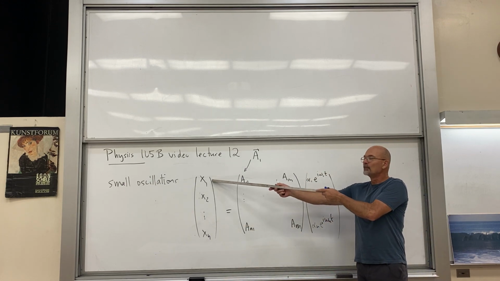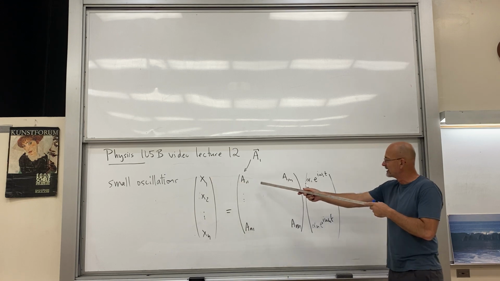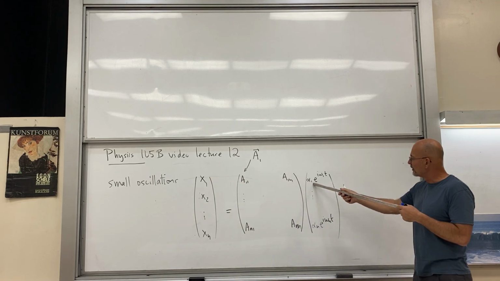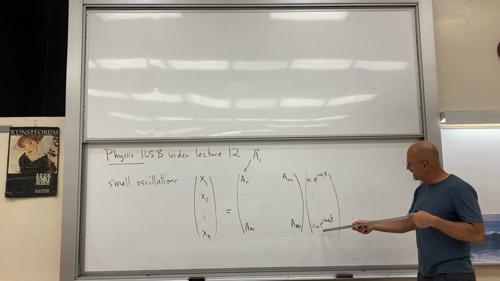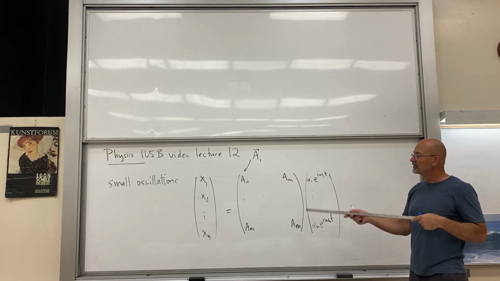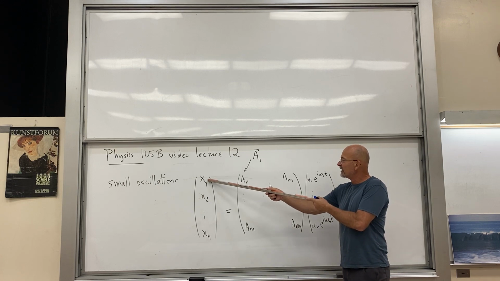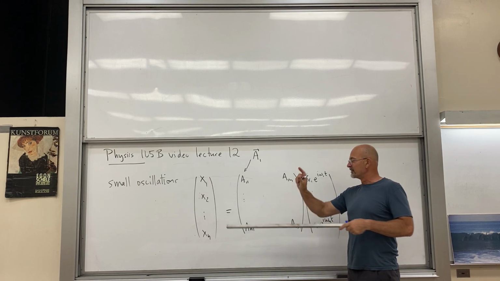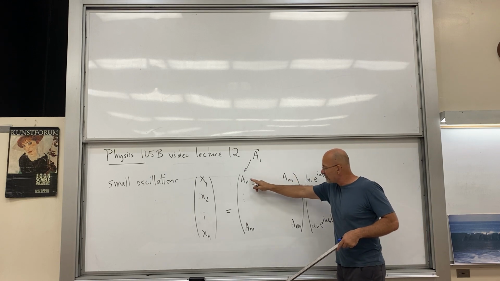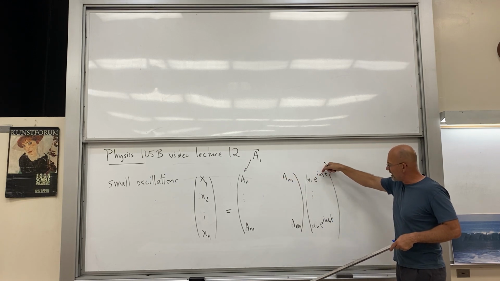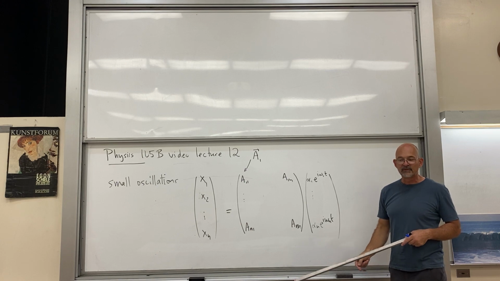Let's just look at x sub 1. x1 of t, a11 alpha 1 e to the I omega 1 t, all the way down to a1n alpha n e to the I omega n t. So x1 of t is a motion of the single degree of freedom, but it's very complicated because it's a combination of n different frequencies.